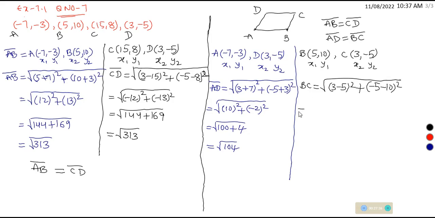This is equal to minus 2 square plus minus 15 square. If the power is an even number, the minus will become plus, you know already. 2 square is 4, plus 15 square. Where is B? B is 5, 10, and 3, minus 5.